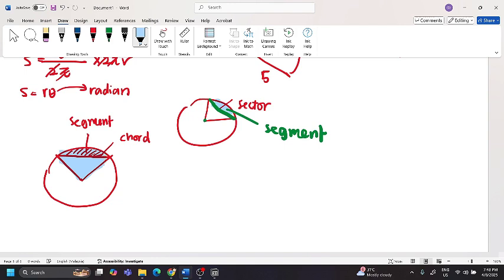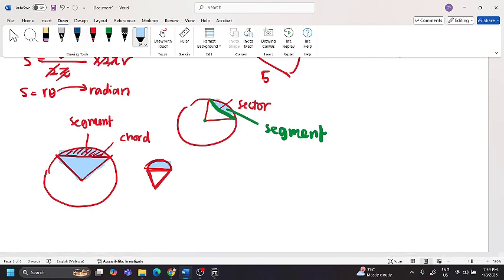Then how to find the area of the segment? Okay, now you think of this one as an ice cream, and this one is the ice cream cone. This one is actually a triangle. Now I only want the ice cream on top, maybe a mint flavored ice cream.